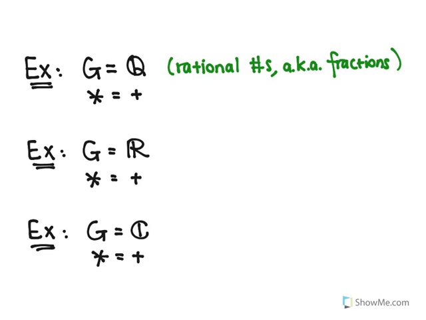Or similarly, instead, I could take G to be the set of all real numbers, which I'll denote by R. And again, with star being the operation of plus, the same argument shows that this forms a group. Or I could even take G to be the complex numbers C and still keep the operation as plus. So those are our first few examples of groups.